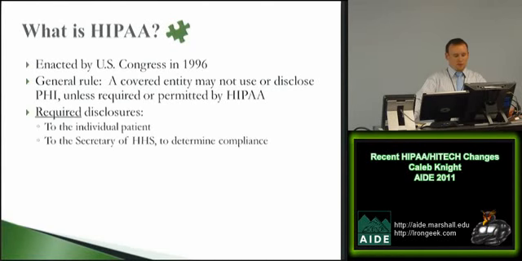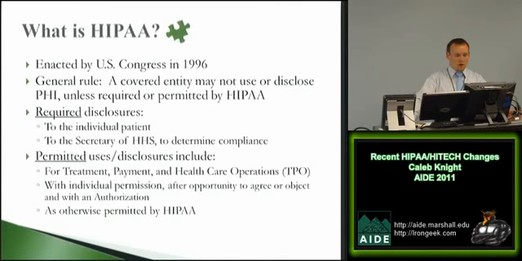We'll get into what protected health information is in just a minute. But the law provides for disclosure of information if it's required or permitted under HIPAA. Required disclosures include those to an individual patient or to the Secretary of Health and Human Services to determine your compliance under the law. Permitted disclosures are for treatment, payment, and healthcare operations.